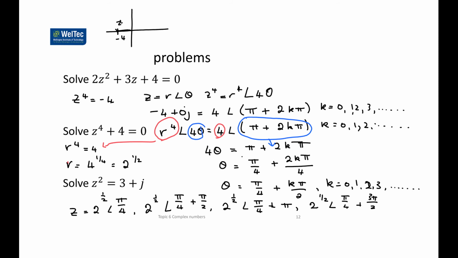So if we put that on a diagram, the 4 roots would be 1, 2, 3 and 4, and the principal one would have been 2 to the half angle 45.